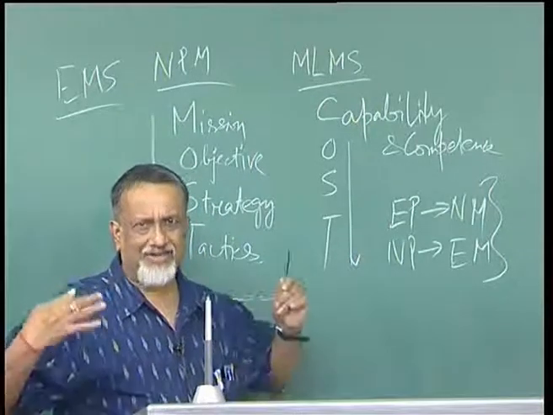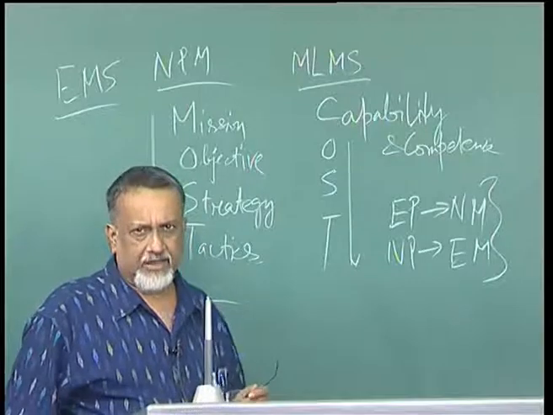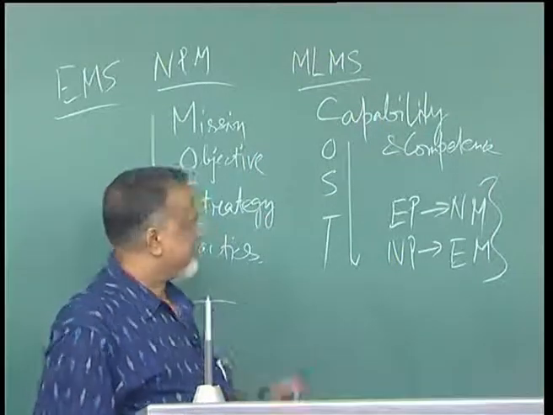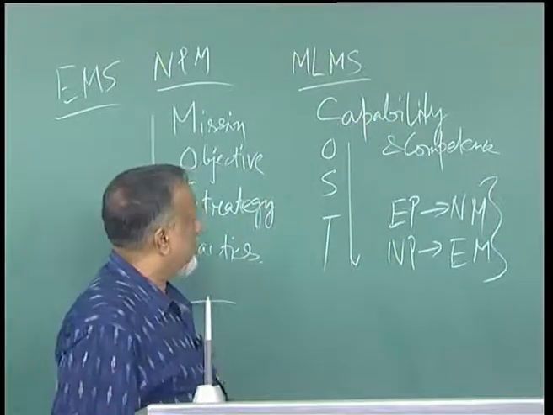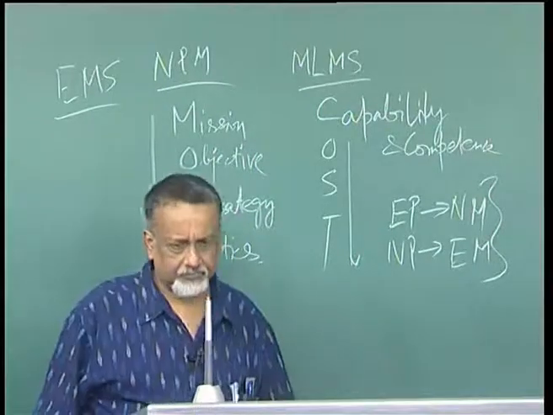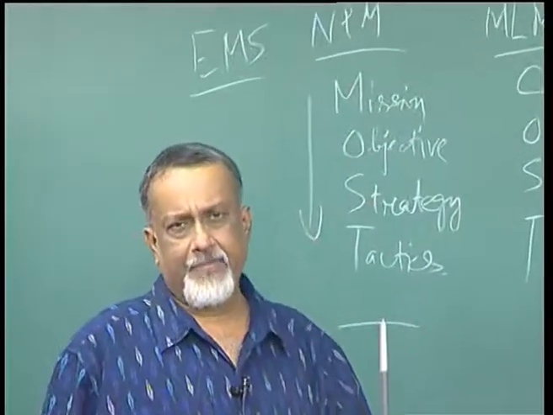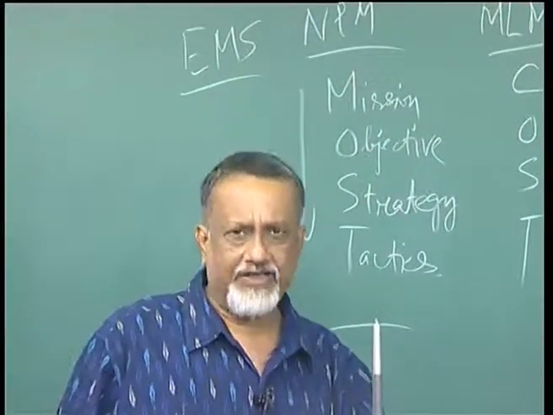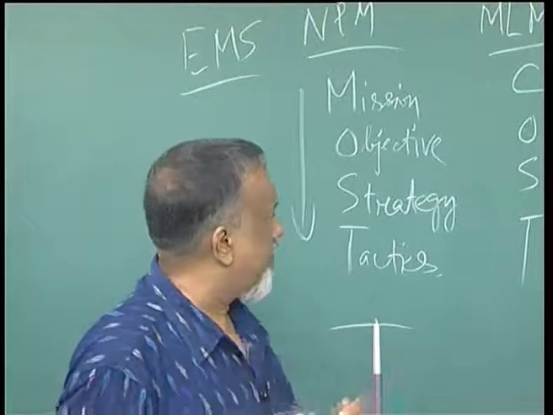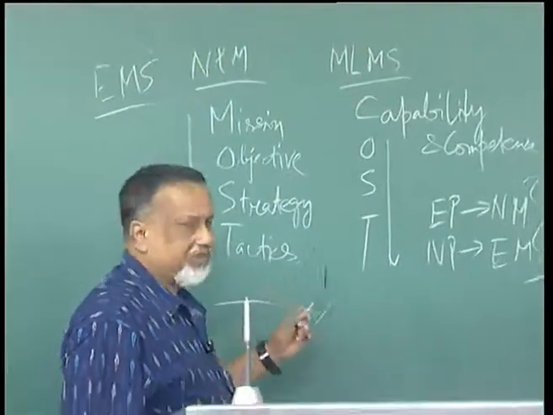The organization already has built up some capabilities, some competencies, then the framework will be this. However, whatever might have been the way the strategy was originally formulated, as I said in the opening remarks, situations change.